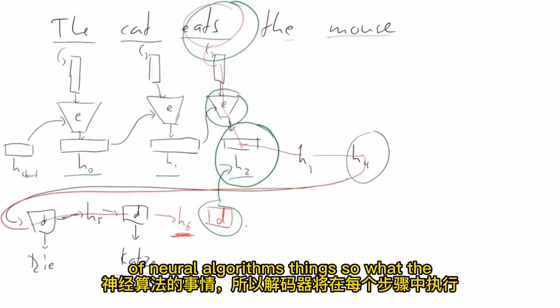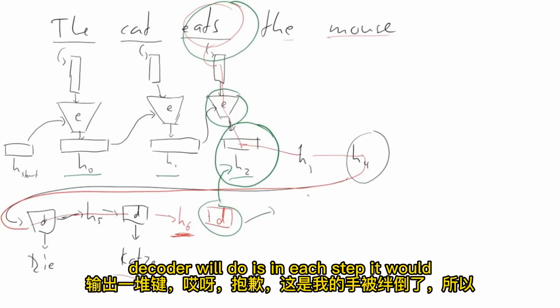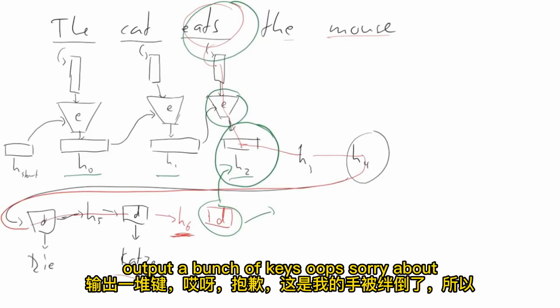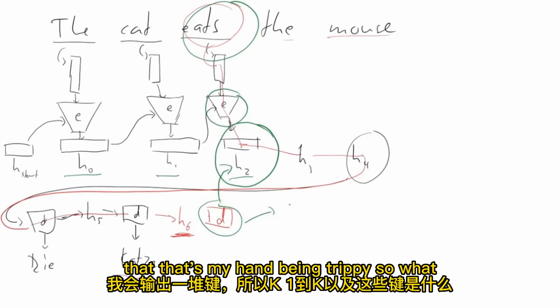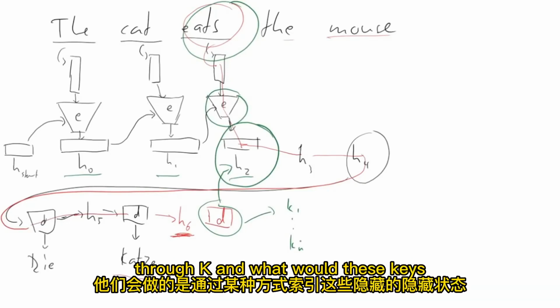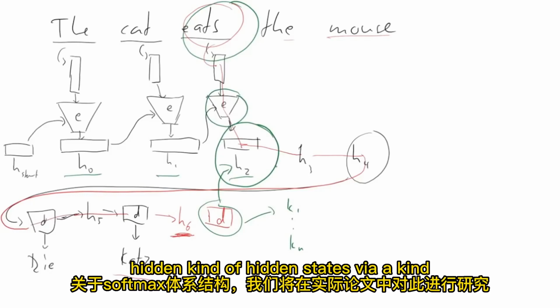So what the decoder would do is in each step it would output a bunch of keys. Sorry about that, that's my hand being trippy. So what it would output is a bunch of keys, K1 through Kn. And what these keys would do is they would index these hidden states via a kind of softmax architecture.